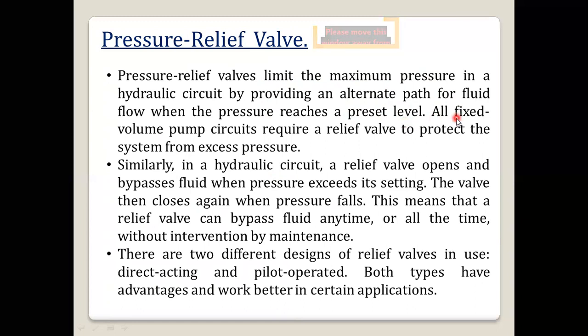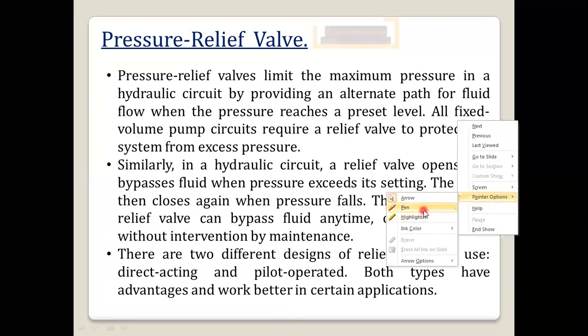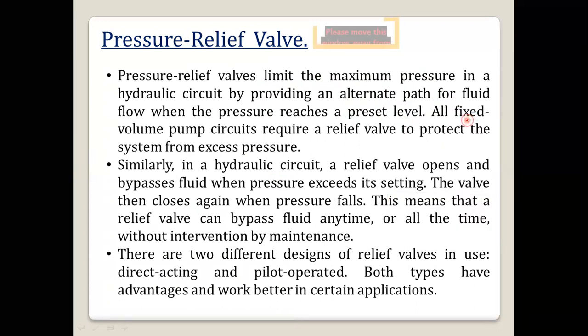Okay, so normally for all fixed displacement pumps, that is fixed volume pumps, a pressure relief valve is used to protect the system from excess pressure. So if I am using a positive displacement pump like a vane pump or gear pump, then in that system I have to use the pressure relief valve.